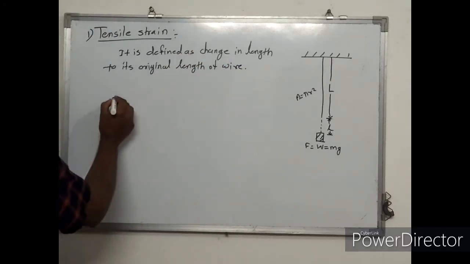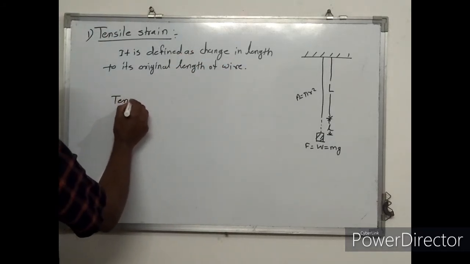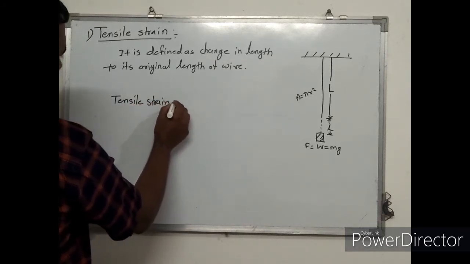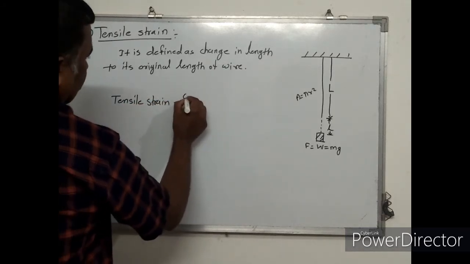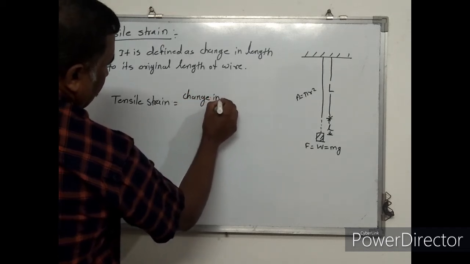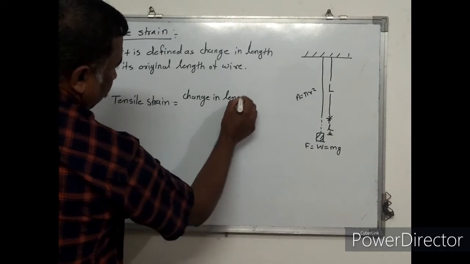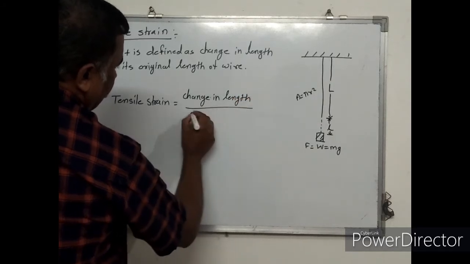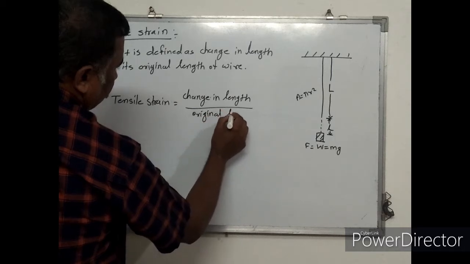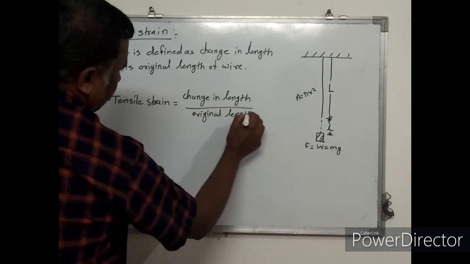We can write tensile strain is equal to change in length divided by original length.